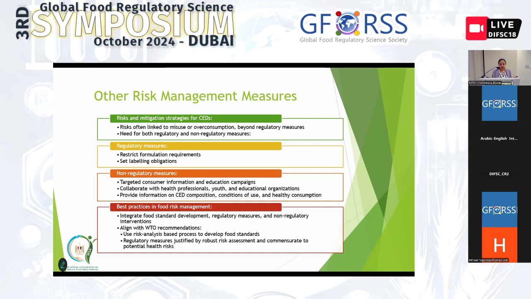As for the non-regulatory measures, there is a plan to have targeted consumer information and education campaigns, collaborate with health professionals, youth, and educational organizations, and provide information on energy drinks composition, conditions of use, and healthy consumption, and follow best practices in food risk management, integrate food standard development, regulatory measures, and non-regulatory interventions, align with the World Trade Organization recommendations, use a risk analysis-based process to develop food standards, and regulatory measures justified by robust risk assessment and potential health risks.